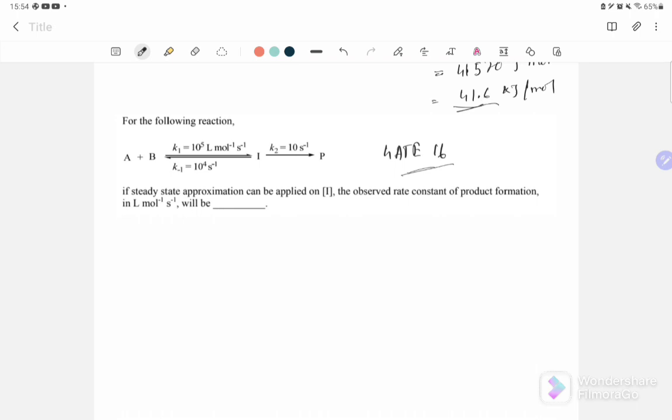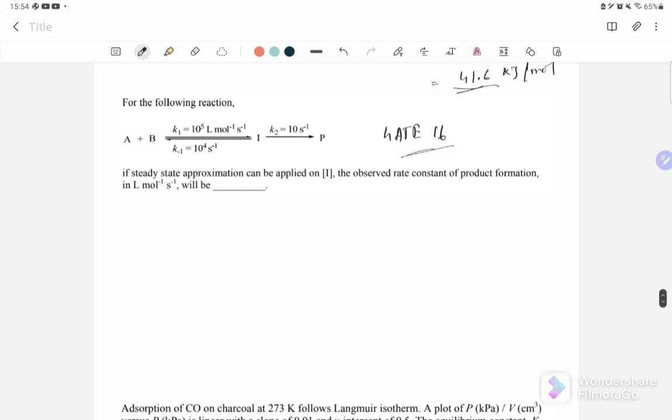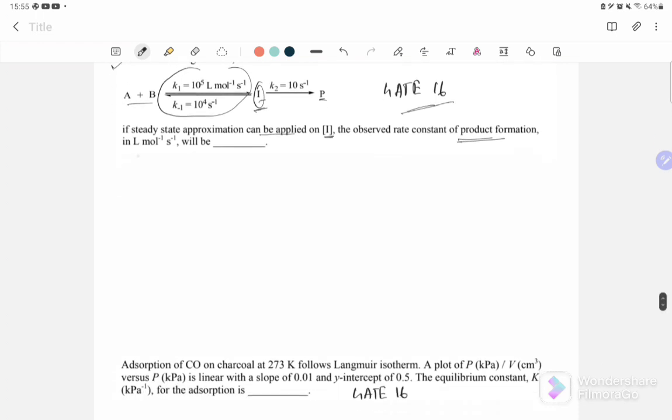So what is the question? For the following reaction, A plus B goes to I, with equilibrium, and I goes to P. If the steady state approximation can be applied on I, the observed rate constant of the product formation is asked, in this unit.